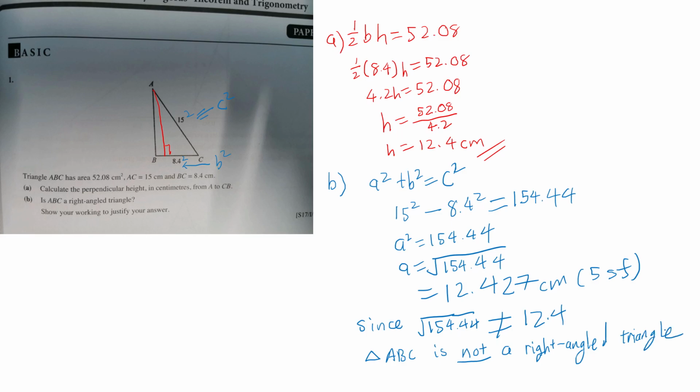Alright, so it is close, but it is not there. For it to be a right angle triangle, the square root of c squared minus b squared must be equal to the height. It is close to the height, but it's not exactly the height. So therefore, it's not a right angle triangle.